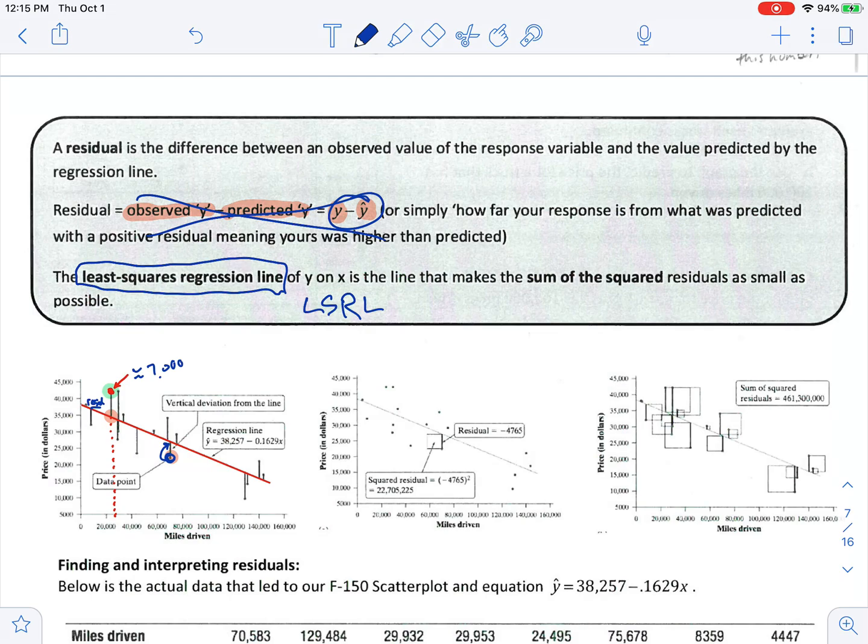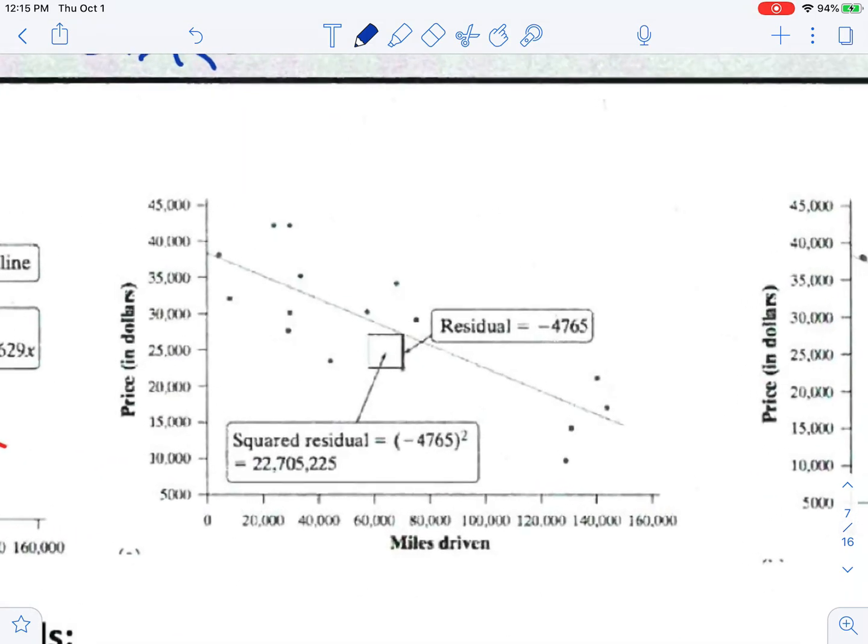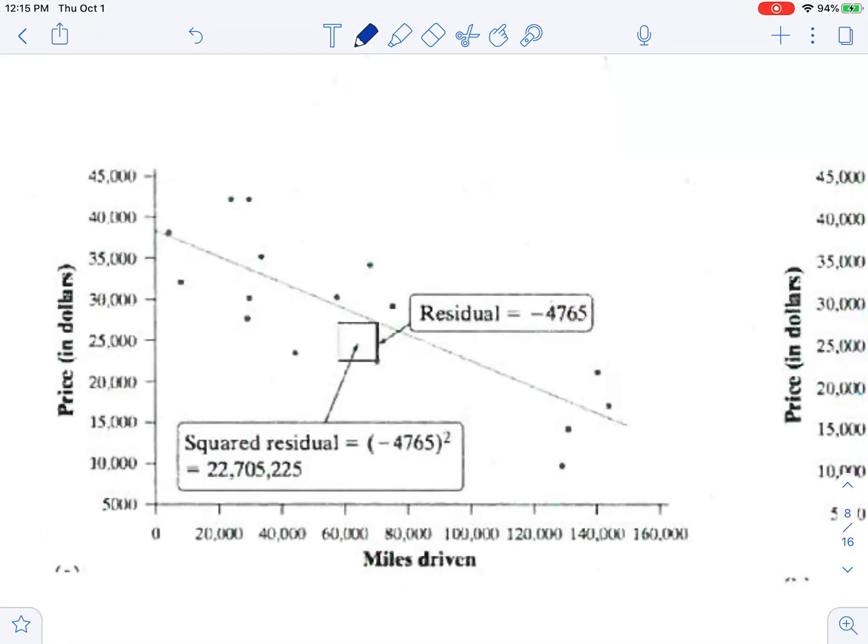Here's what the calculator does to come up with the actual quote-unquote line of best fit. The line of best fit is the best fit by the following reason, okay? It takes all of the data and it calculates residuals. Residuals are, again, how far above or below.